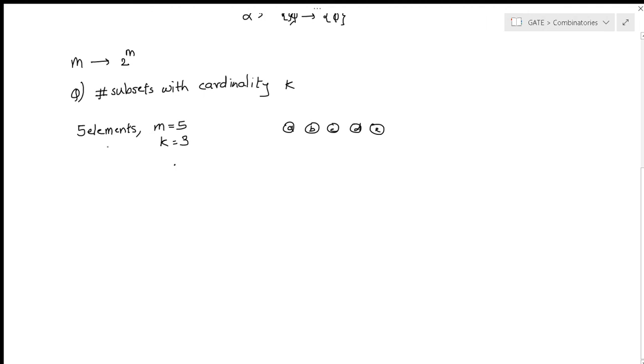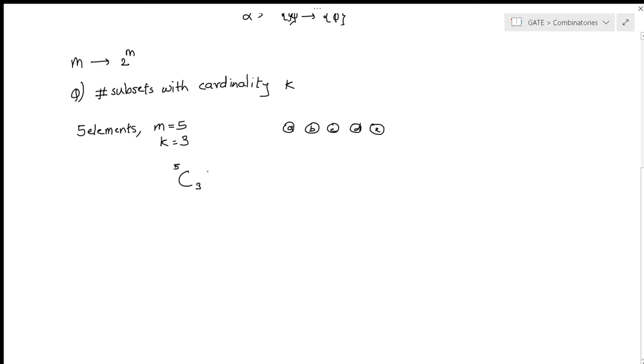So now let's dive deeper. Even though I'm using the C symbol here for the combination, don't worry, we are just talking casually, don't bother about what the C means. Out of 5 I want to choose 3 elements.